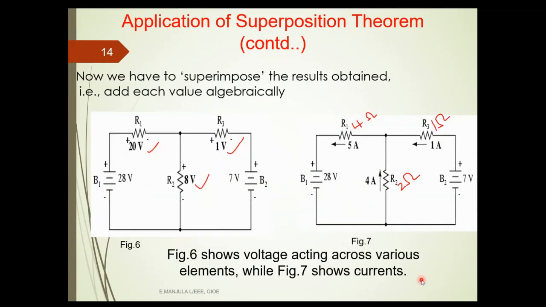So this theorem is so easy to apply, a step-by-step process. After superimposing, we could know the actual values passing through the resistances, and we could find the voltage across each resistance when two EMFs are connected simultaneously.